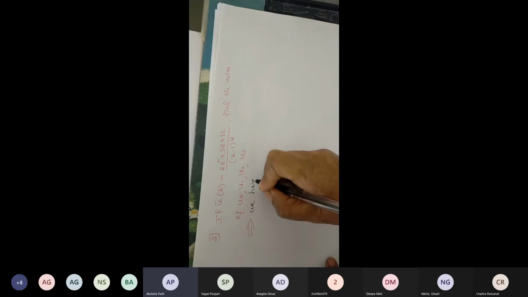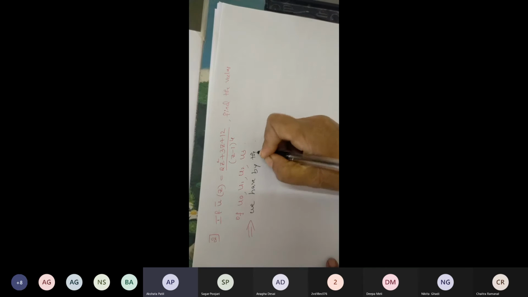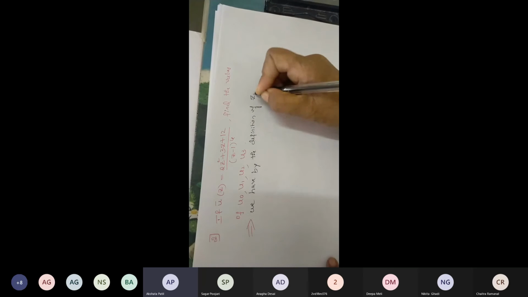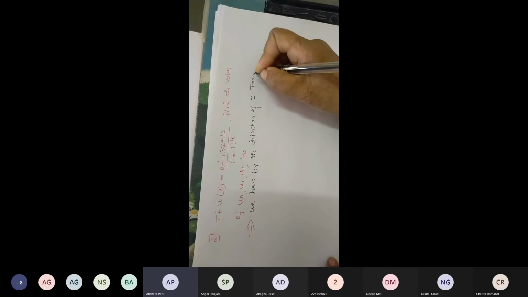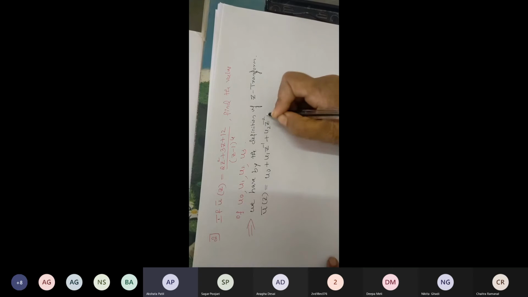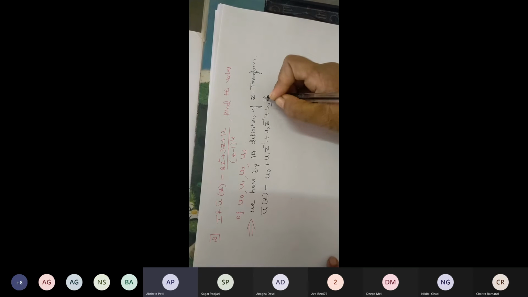We have, by the definition of z transform, we know the definition, that is u bar of z equals u0 plus u1 into z raised to minus 1 plus u2 into z raised to minus 2 plus u3 into z raised to minus 3 plus so on.